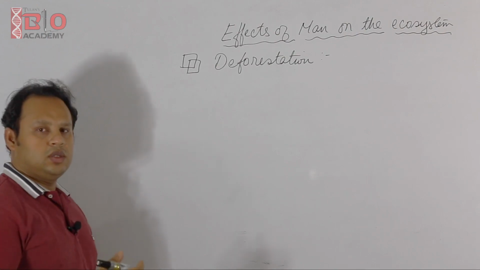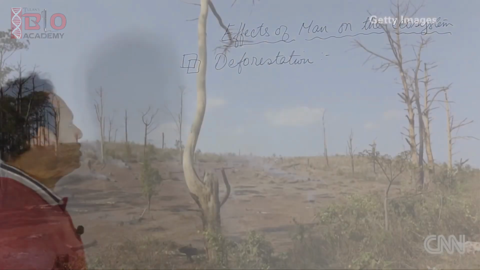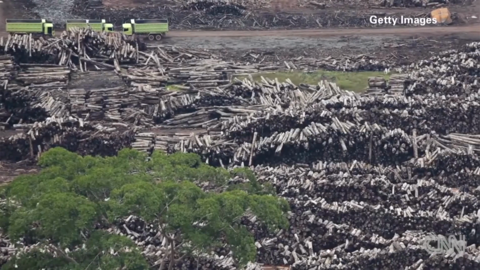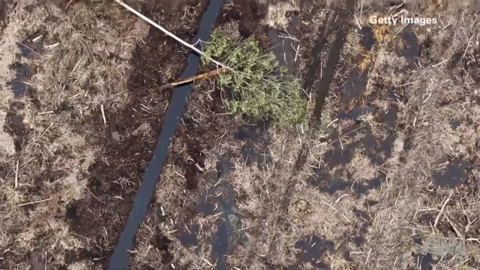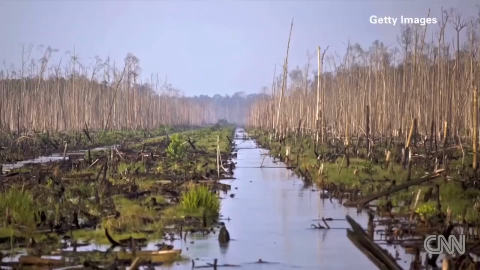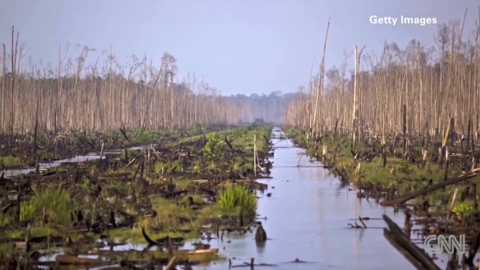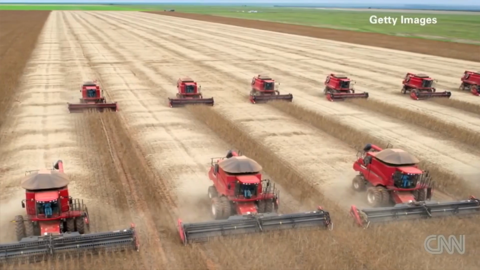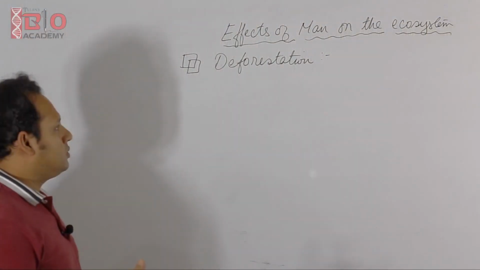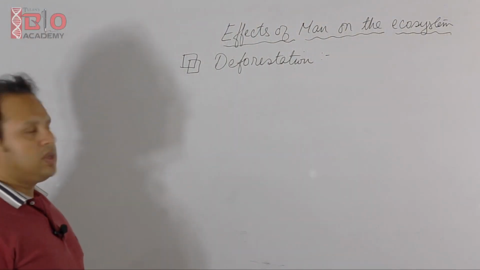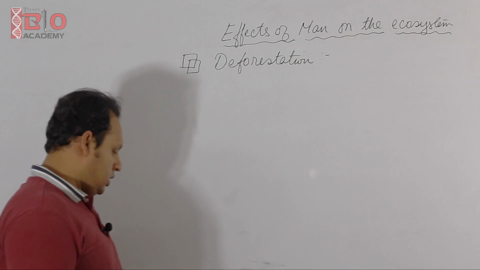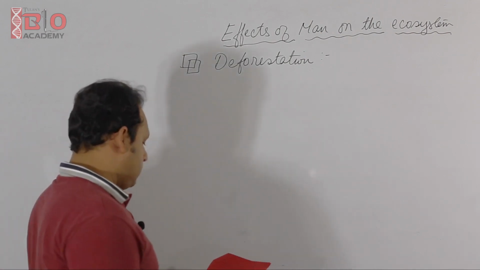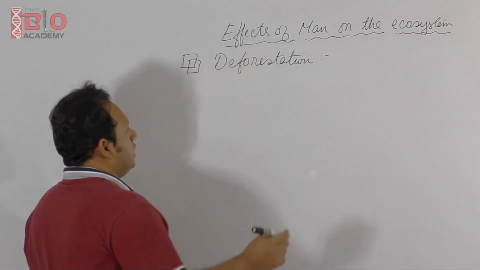What is actually deforestation? Deforestation is the clearing of an area of trees and any other habitat or any other particular living organisms or plants and plant-like structures over there. So it is the clearing of large areas of forests.